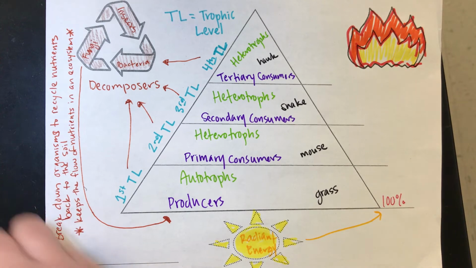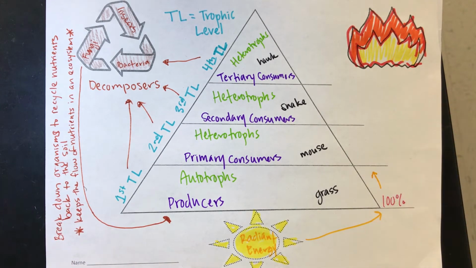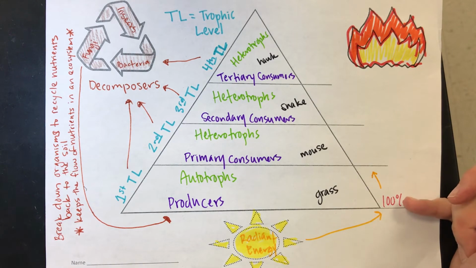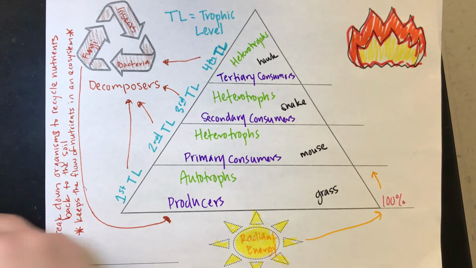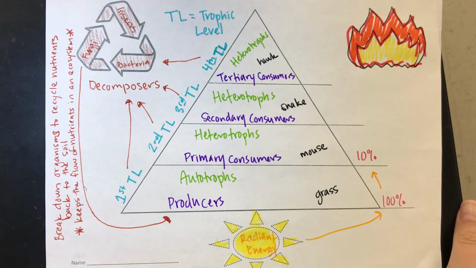So primary consumers consume our producers, but they're not going to get 100% of the radiant energy. They are going to get 10% of that radiant energy. And let's talk about why that is.